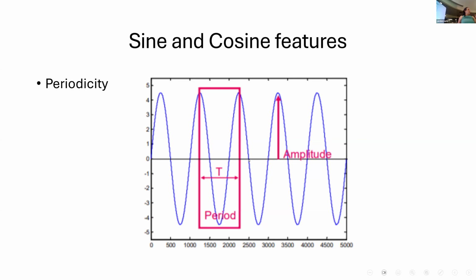Please note, because there are a lot of students who say, okay, this is 0 and this is 0, so the period is just between the two of them, but this is not true. This is half of the period. This is the main thing that we use in sine and cosine.